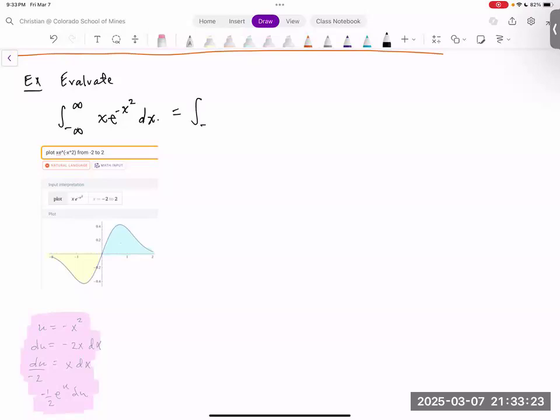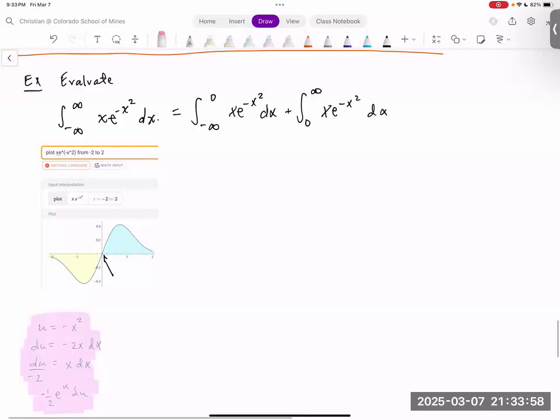And I'm going to choose to split the integral into 2, at the value 0: negative infinity to 0 of the integral, then 0 to infinity of the same integral. So we're splitting here at 0 at the origin. We could have easily split at like a half and done negative infinity to a half, a half to infinity, evaluate each integral, but 0 is easier to evaluate, so let's split at 0.